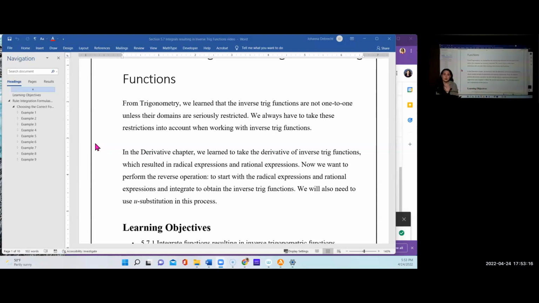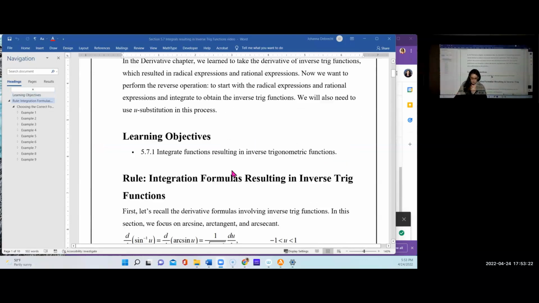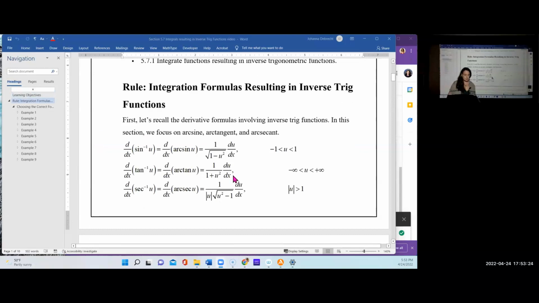Just to remind us where we're starting from, let's take a look at the derivatives of the inverse trig functions again. You'll remember that the derivative of arcsine gives you 1 over the radical of the expression 1 minus u squared times the derivative of u with respect to x, and it carries a restriction on it due to the restriction on the domain of arcsine.